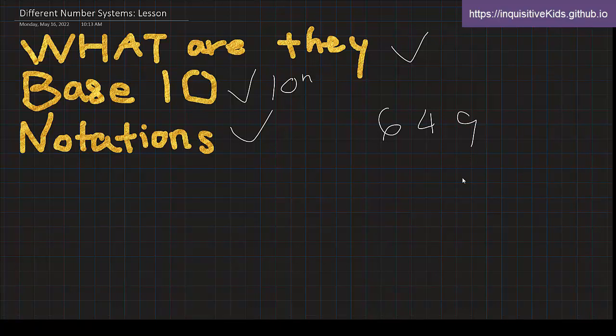But in this lesson, we're going to be looking at different number systems, so it's really important that we know what number system this is written in. Right now we're using the base 10 system. So I'm going to put parentheses around the number, and then at its bottom right corner, I'm going to write a 10.